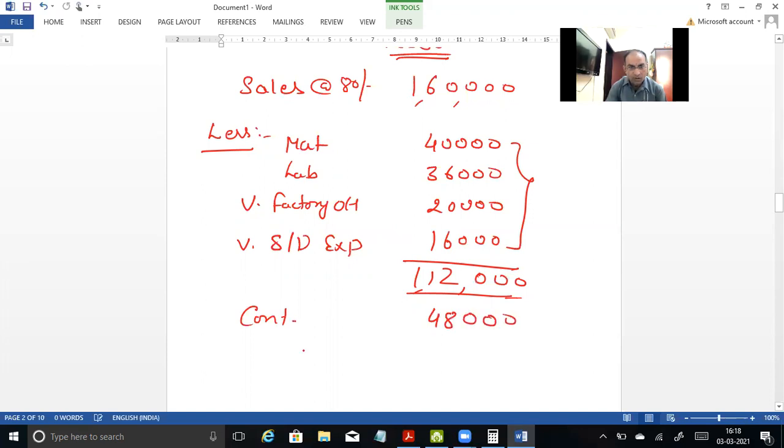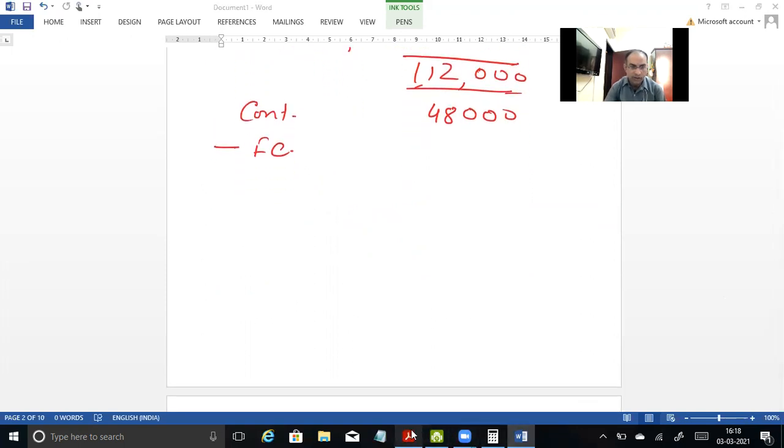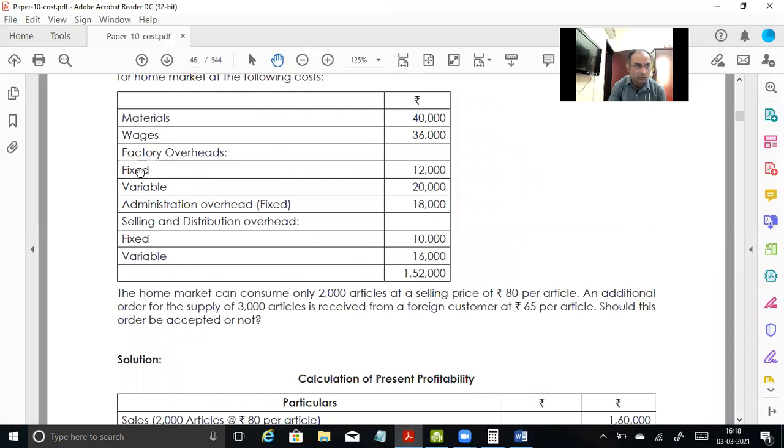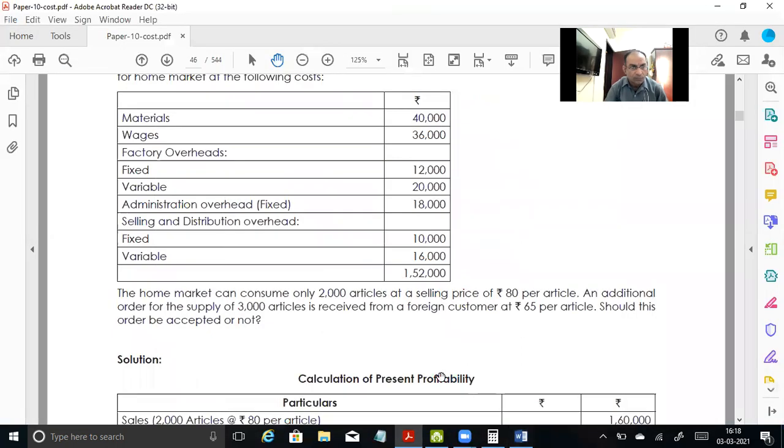From this, we will see whether we are able to cover our fixed cost. For that, we have to check our fixed cost given in the question. One fixed cost is fixed factory overhead, 12,000. Then we have administrative overhead, fixed 18,000.